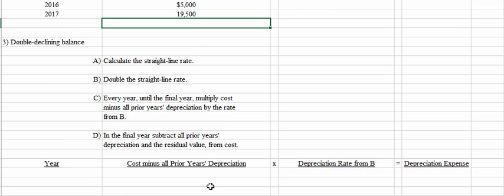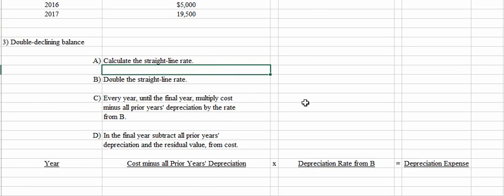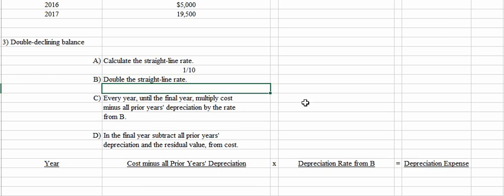Okay, let's now move along to the double declining balance method. Here we want to calculate the straight line rate. Remember, that's equal to 1 divided by the useful life in years, or 1 over 10. Then we want to double the straight line rate, or multiply it by 2. So that equals our 1/10 times 2, or 20%.